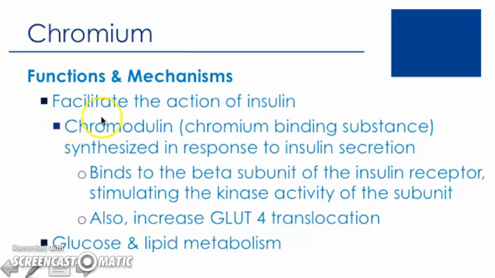The chromium will actually facilitate this process, this intracellular signaling cascade, and then the outcomes of the insulin binding to the insulin receptor. We also see that chromodulin, a functional form of chromium, is synthesized in response to the secretion of insulin.